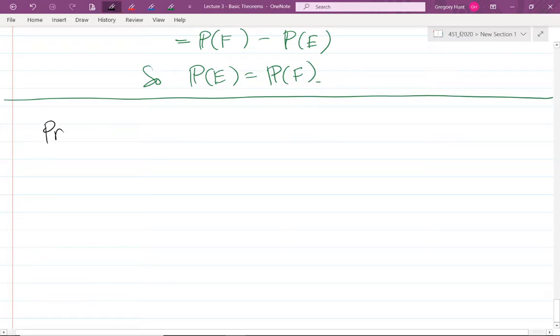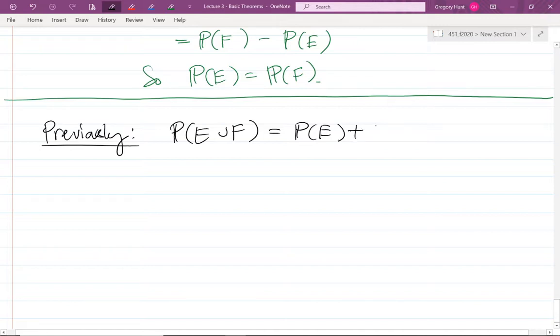So previously, we had noted that the probability of E union F is the probability of E plus the probability of F minus their intersection. And this is true if E and F are disjoint or if they're not disjoint. This is just a generally true theorem. So unlike the third axiom, the axiom of countable additivity, we don't actually need to know that these two things are disjoint.